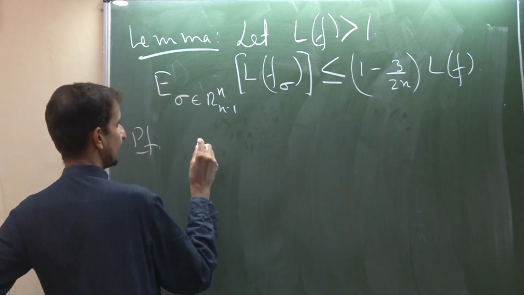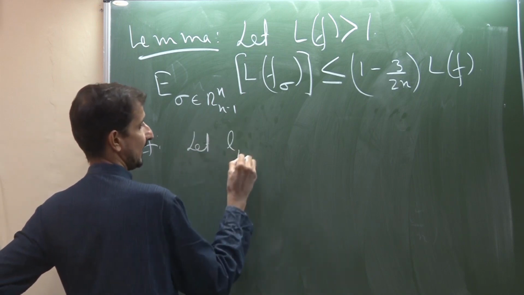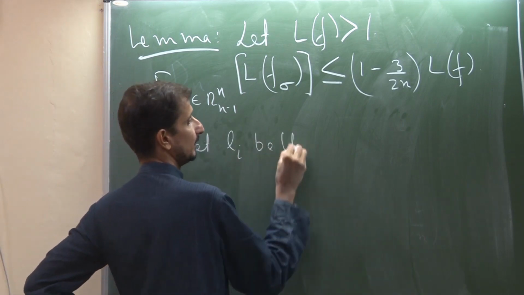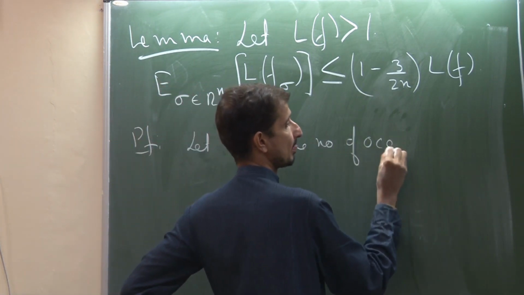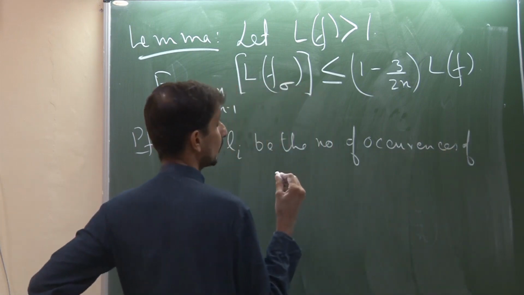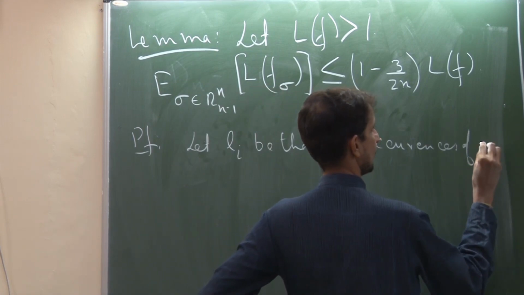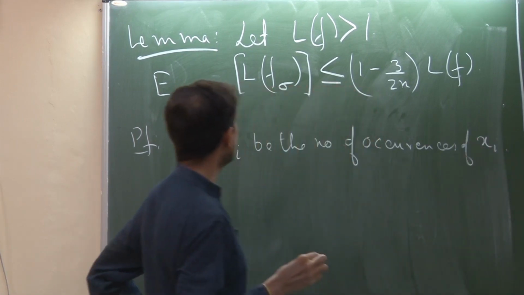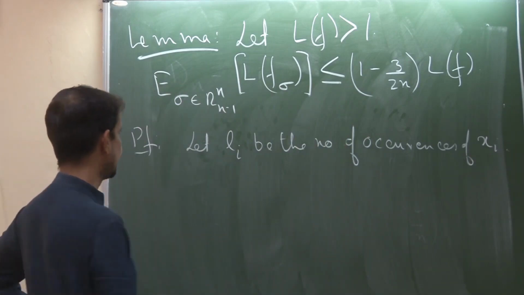L of f I can write as, so let Li be the number of occurrences of xi. Okay. So, what is this quantity?